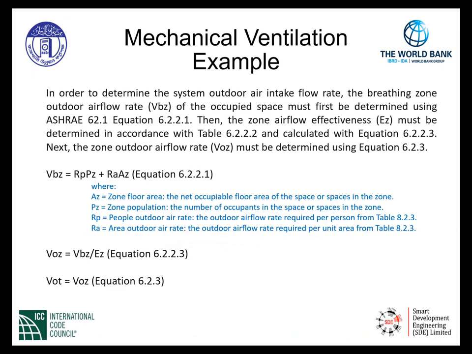Working our way through the example, we need to provide some requirements. In order to determine the system outdoor air intake flow rate, the breathing zone outdoor airflow rate, V sub BZ, of the occupied space must first be determined using ASHRAE 62.1, equation 6.2.2.1.